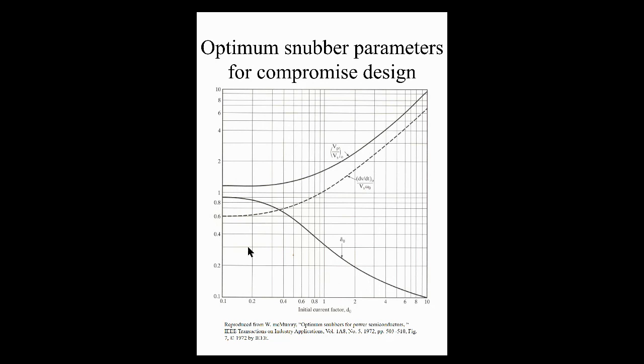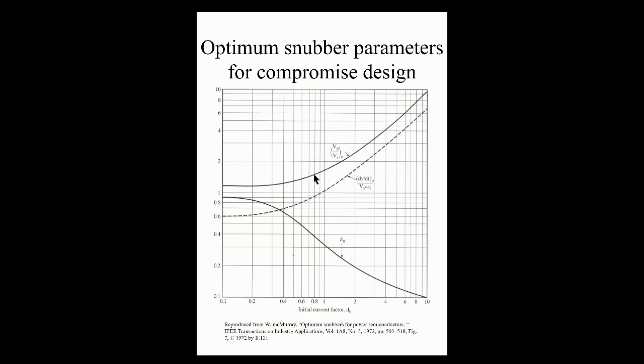All right, so how do we get D naught? From this graph, you locate where VP to VS, the peak voltage to the input voltage, is equal to 1.5. On the y-axis, we have 1 here, so 1.5 is somewhere here.